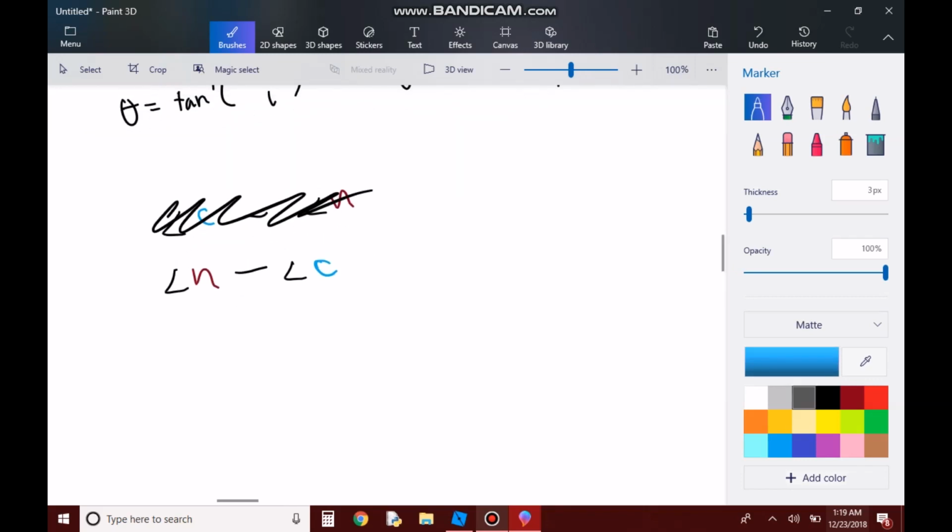And we can simplify this to tangent -1 of nx over ny. Oh, actually my bad, the other way around. It'd be ny over nx, minus tangent of cy over cx.